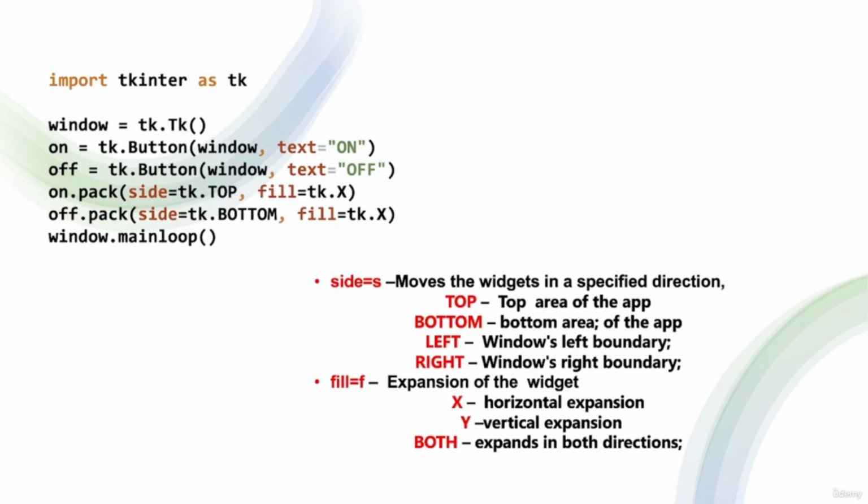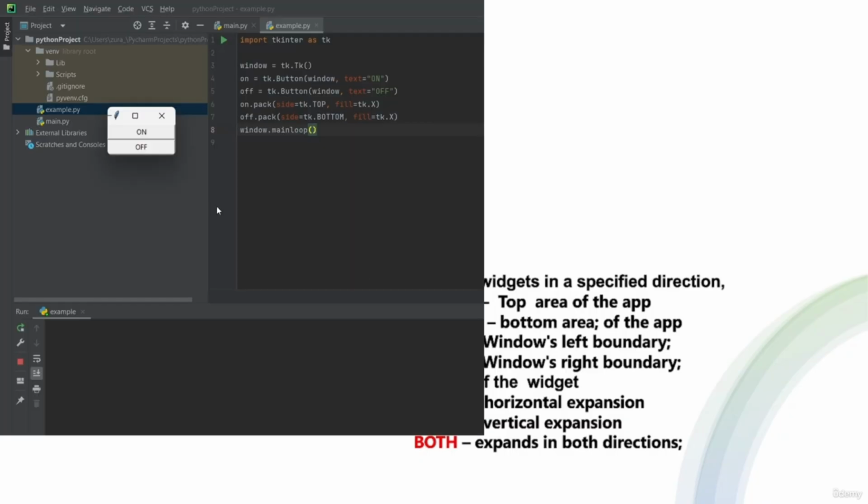We will use the side parameter to place the On button at the top and use the fill parameter to expand the widget horizontally. We will do the same with the Off button, but position it at the bottom with the help of the side parameter. As a result, we will have the following window appear on our screen with two buttons.